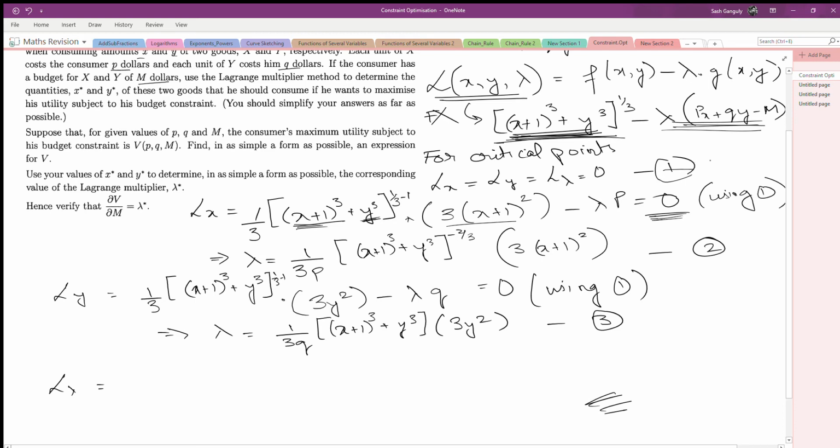People outside selling vegetables. I cannot help it. The entire family is out there selling vegetables, right? So minus lambda times this, if I differentiate with respect to lambda, it will be, where did the marker go? Just a second.